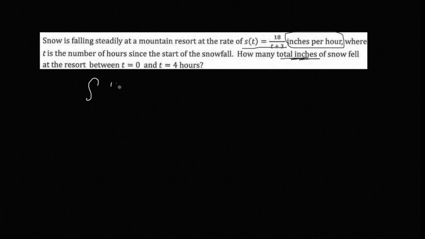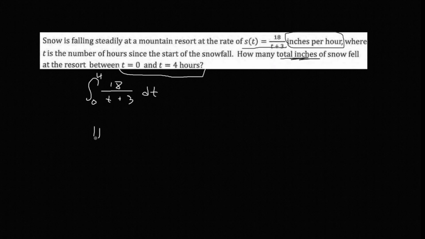That's just the integral of 18 over t plus 3 dt, and we want it to be between 0 and 4 hours, so our bounds of integration are 0 to 4.